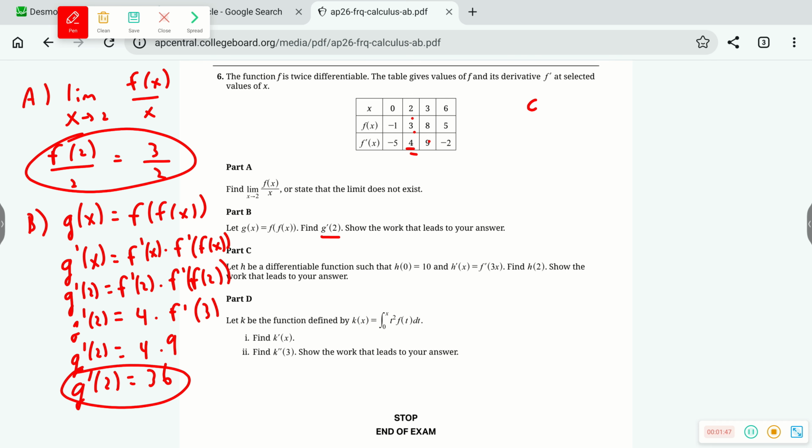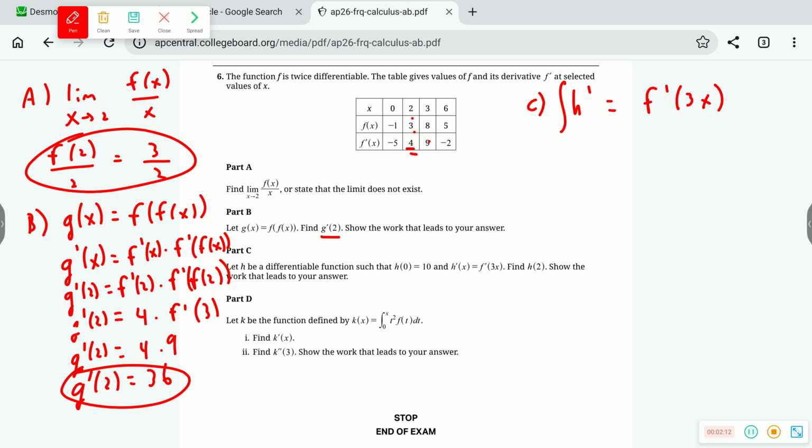Part C: let h be a differentiable function. So h of 0 is 10. h prime is equal to f prime of 3x. Find h of 2. So I need to find h of 2, don't I? We got h prime, so maybe I should just do the antiderivative.